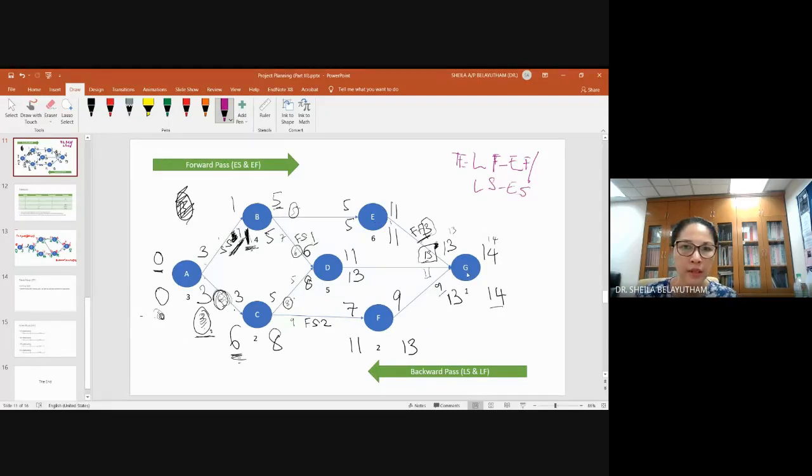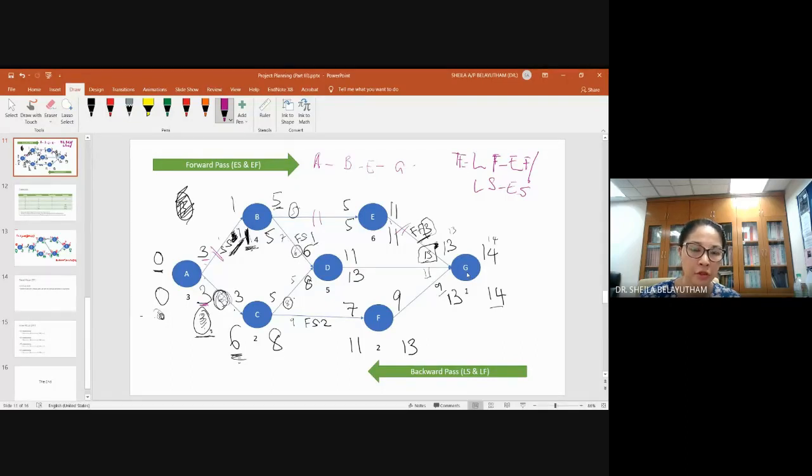So you can see that activity A to activity B to activity E to activity G. That is your critical path. Why? Because your total float here is 0. For example, activity A, your total float will be late finish minus early finish.